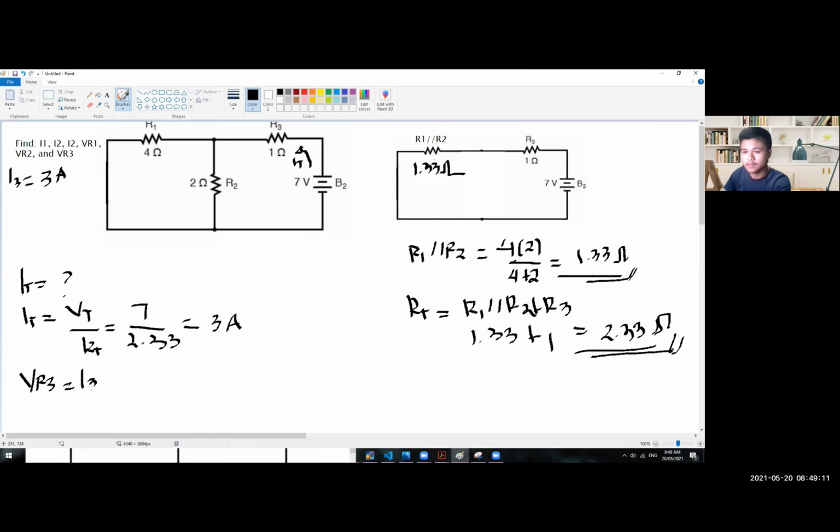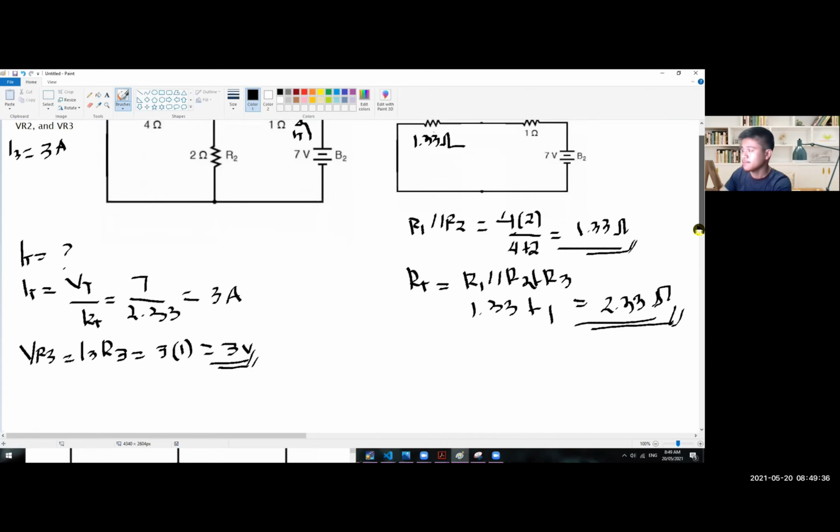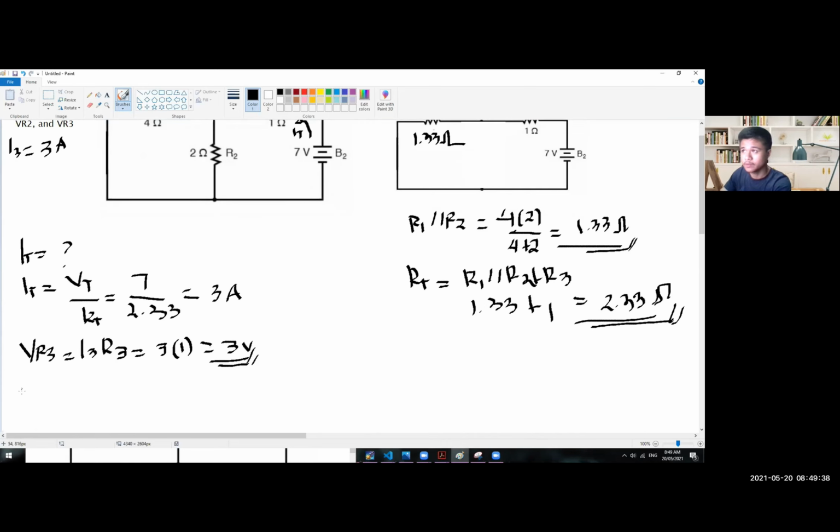So VR3 is equal to I3 times R3, wherein I3 is 3 amps and then R3 is 1 ohm. So 3 times 1 is 3 volts, right? So there you go. If you are going to get the potential voltage, it's the same process just like what we did a while ago.